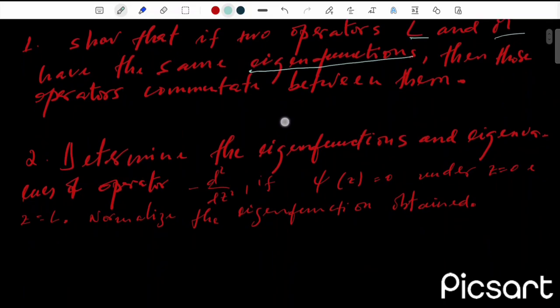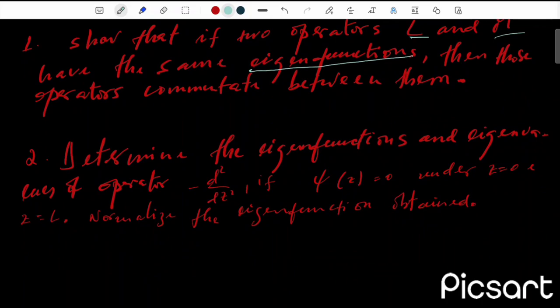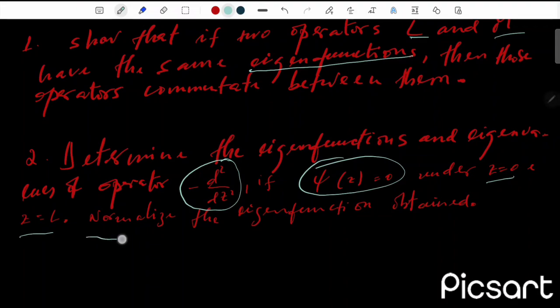Also we will solve the second exercise, which is to determine the eigenfunctions and eigenvalues of this operator, where the eigenfunction that we will call psi must satisfy this condition when z is equal to 0 and also z equal to L. We will also normalize the eigenfunction that we will obtain.